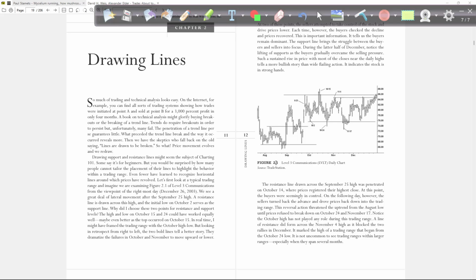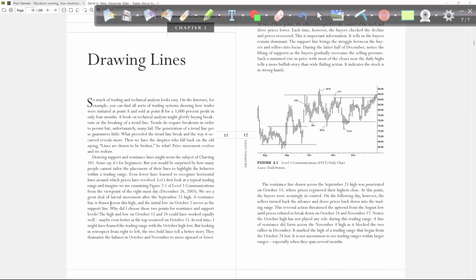Figure 2.1, Level 3 Communications, from the viewpoint of the rightmost day, December 26, 2003.